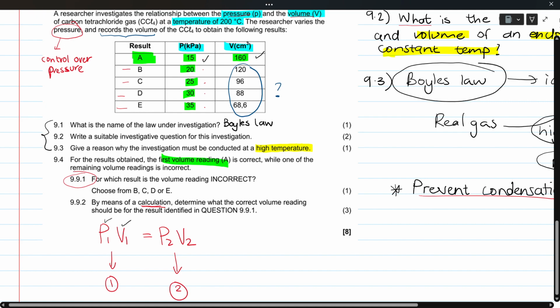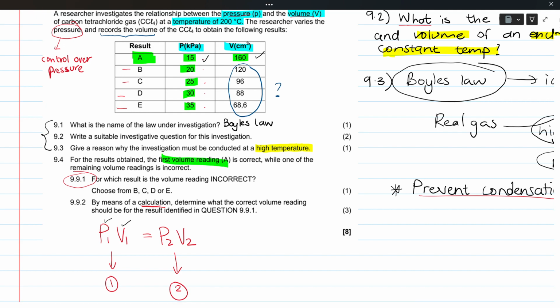So I can put a tick here and I can use reading A for this, right? So I'm just going to highlight that in green. What about state 2? For state 2, what I want you to notice is that all the green readings are what I can trust. I can use those values. So I can actually use 20, 25, 30, and 35. So those are going to be values that I'm going to start putting into pressure 2.